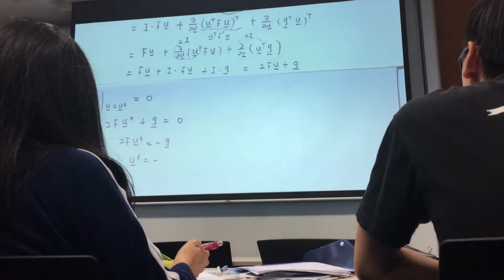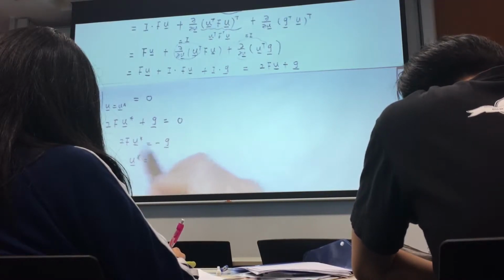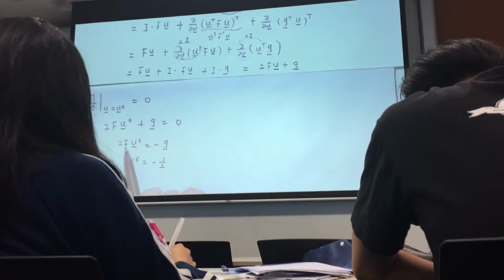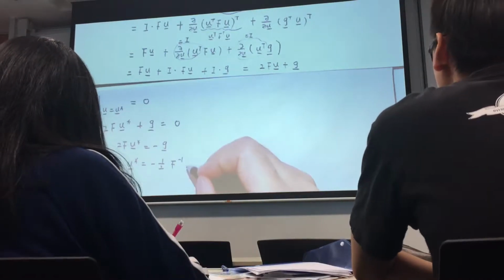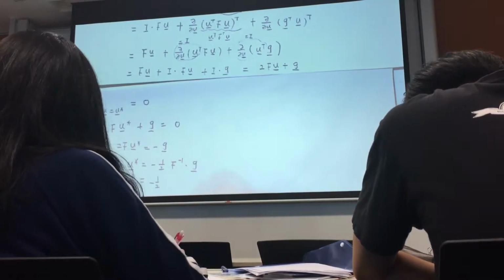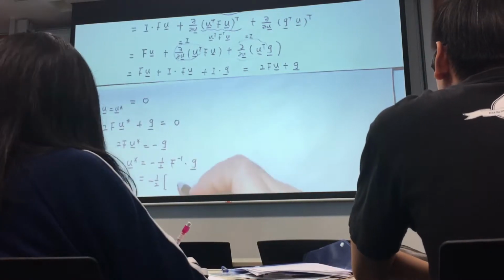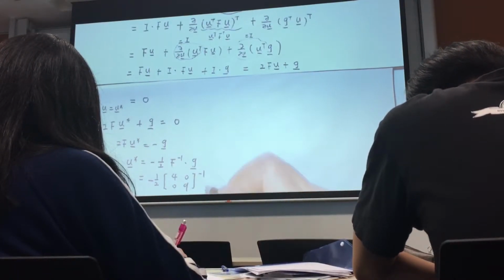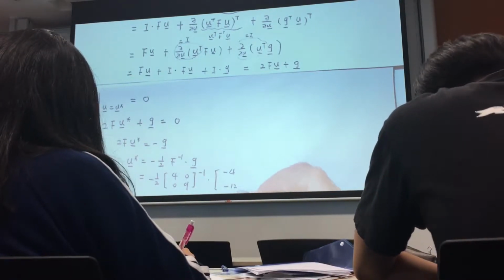U star equal to minus, so both sides are divided by 2, so this becomes a half, and this F inverse, multiplied by g. So this equals minus a half, the F inverse, where we know F is [[4,0],[0,9]], multiplied by this g, which is minus [4, 12].